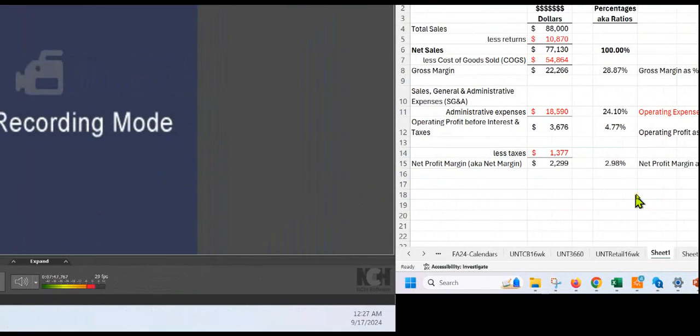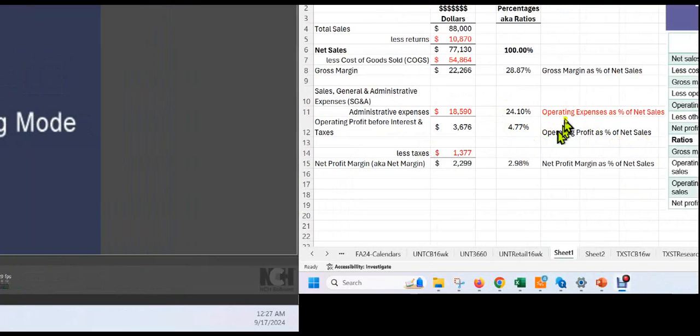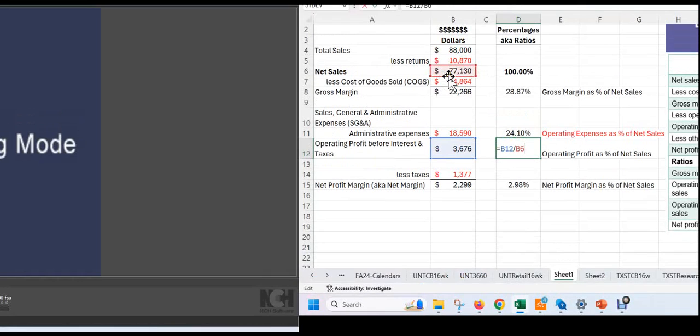Okay, so let's continue on. We've got 24.10%. That's out of pocket, so it's negative. So I made that in red here as a little side note. Okay. So operating profit as a percent of net sales, B12 divided by B6. And then our last thing is the net profit margin as a percentage of sales.